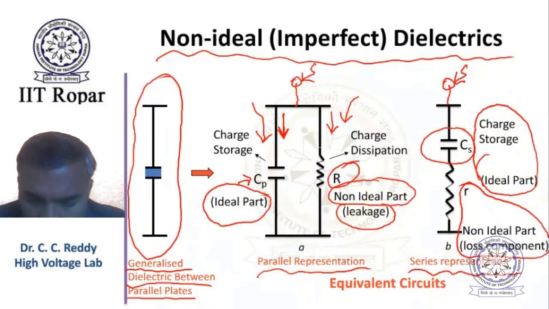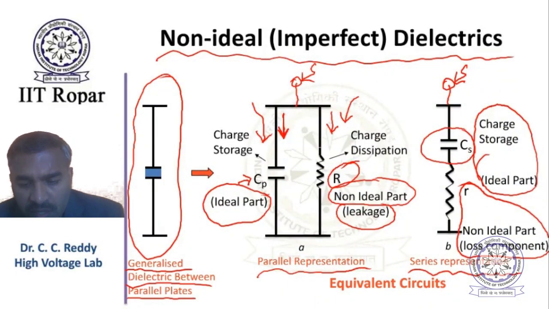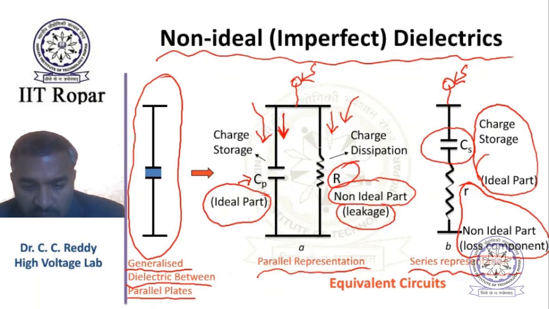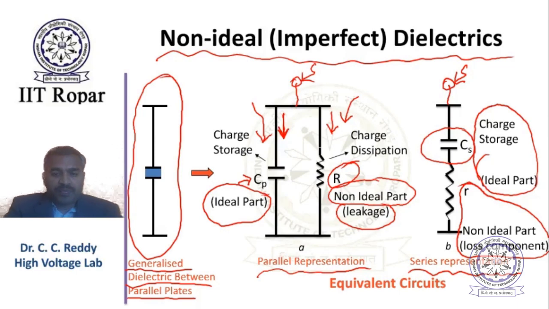So in this case, the loss is associated with the capacitive current itself, the displacement current itself. So it is flowing through the R also. By this way we have the total actual current with a different phase angle to the applied voltage V than 90 degrees here.